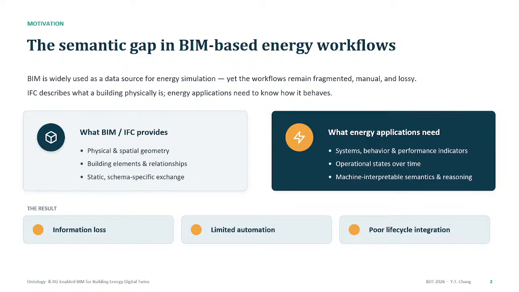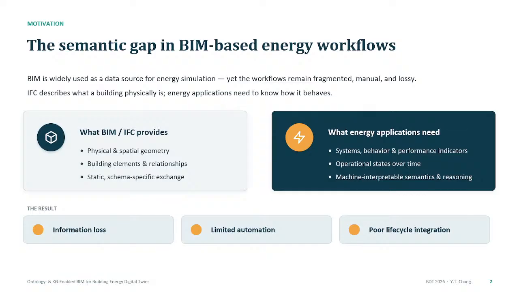It's because even though BIM as a rich model provides a lot of geometric information and semantic information, the data format transformation and the process just result in a lot of information loss.